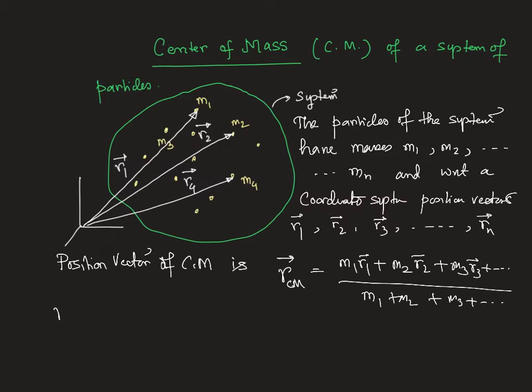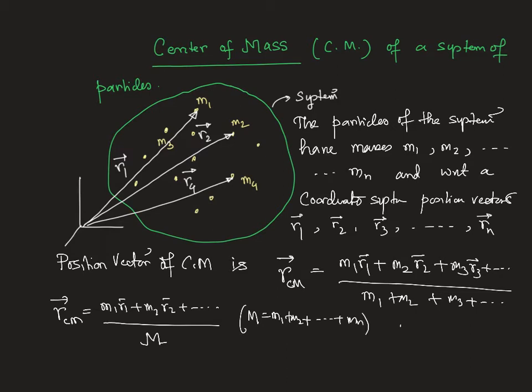So we can write RCM is m1 r1 plus m2 r2 up to mn rn divided by capital M, where capital M is the total mass of the system, m1 plus m2 plus m3 up to mn.